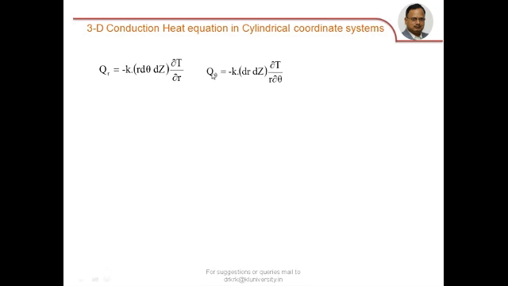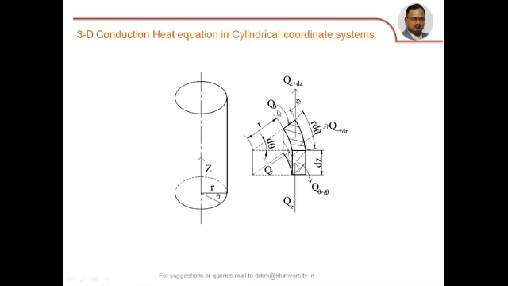Similarly, the heat transfer in the theta direction is minus k times the area normal to the theta direction. This is the theta direction, heat leaving in the theta direction. Normal to this theta direction, the area is this face area.